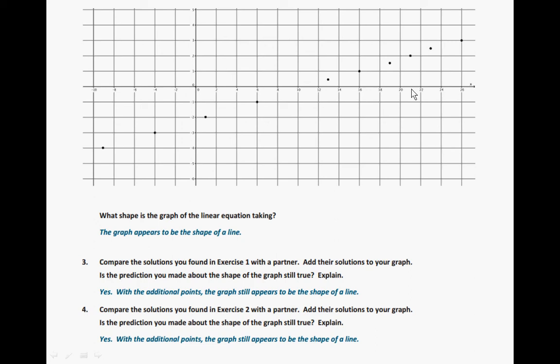If you were to plot more points, it looks like it'd still be in the shape of a line. The key phrase is appearing to look like the shape of a line. Again, we haven't proven that it's a line. It's very difficult to prove that at this point because we would have to plot infinite amounts of points to prove that it is definitely a line.